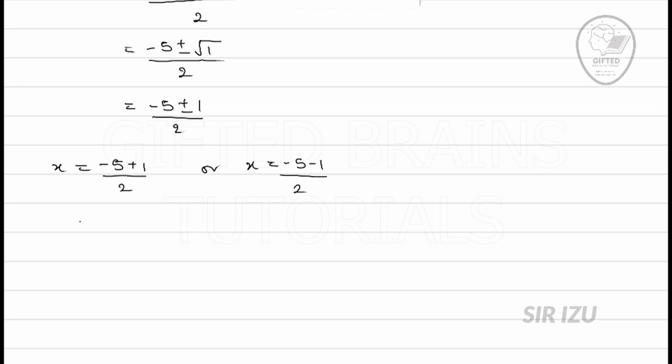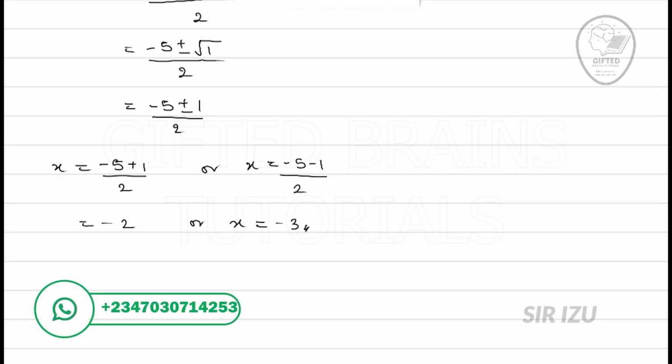Minus 5 plus 1 will give me minus 4 over 2, that is minus 2. Or x is equal to minus 5 minus 1, which is minus 6 all over 2, giving me minus 3. So this is our final answer for x, and that will take us to question number 2.